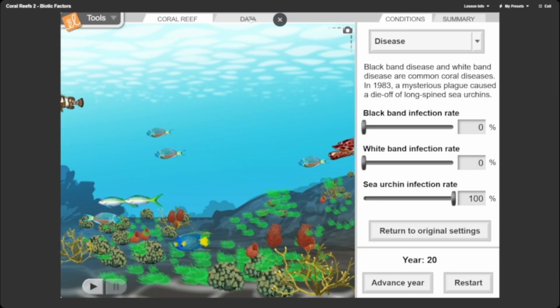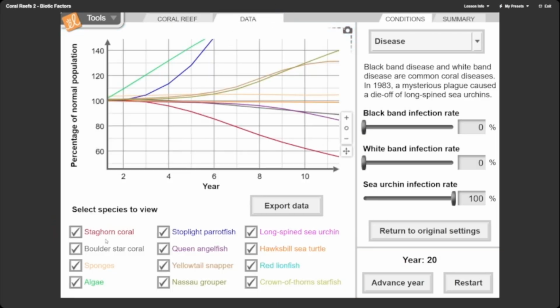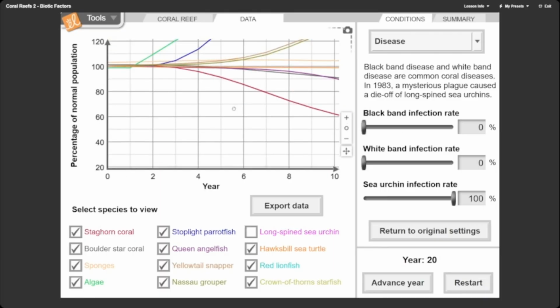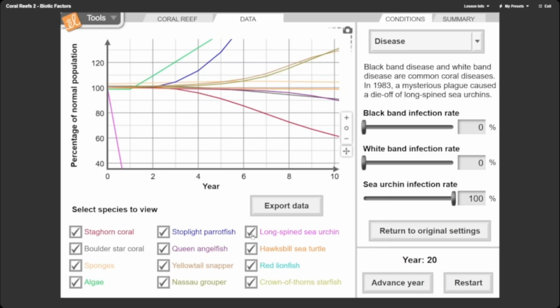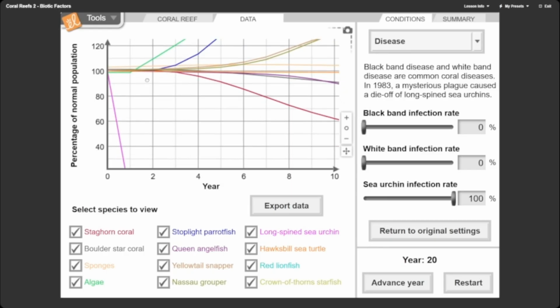If you're not sure, you can always look at your sea urchins, which is the pink one. I can't even see it. Oh, there it is.